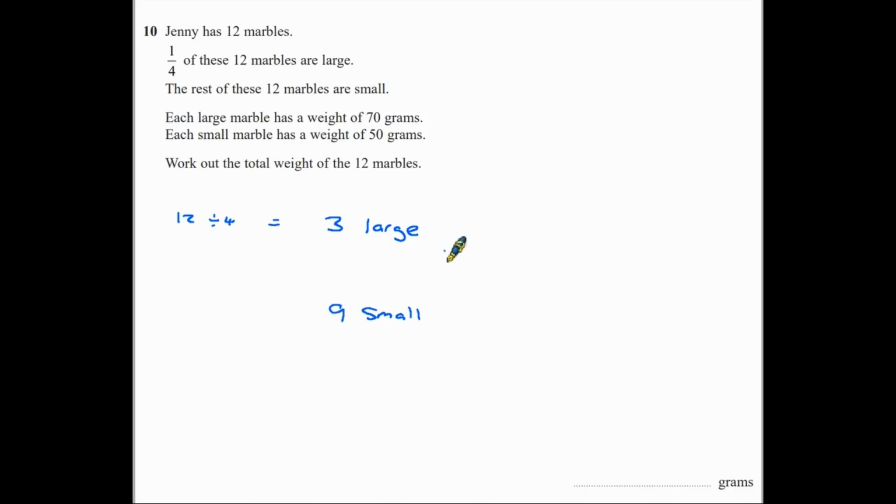Well, each large marble, that's 3 of them, weighs 70 grams, so that's 3 times 70 is 210. The other 9 small marbles weigh 50, so that's 9 times 50 is 450. We need to add them all together for the total weight, so it's going to be 660 grams.